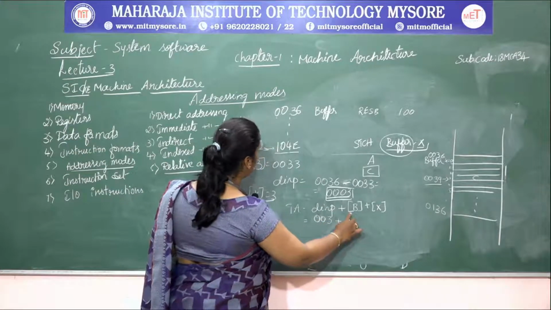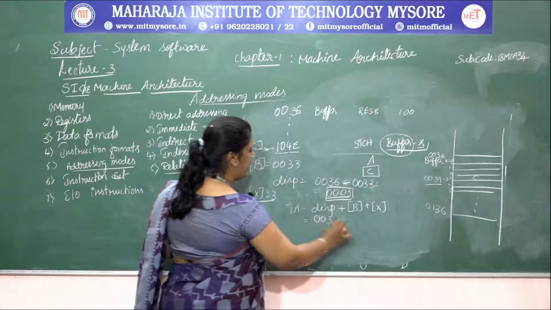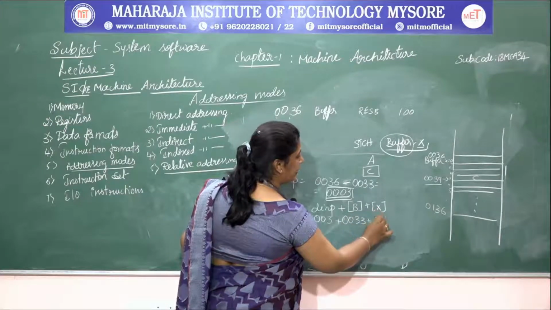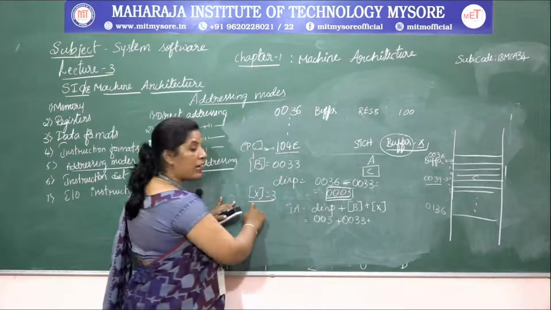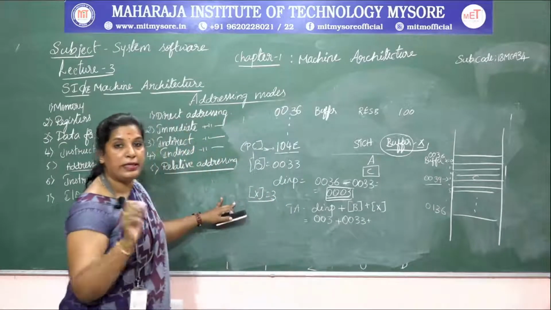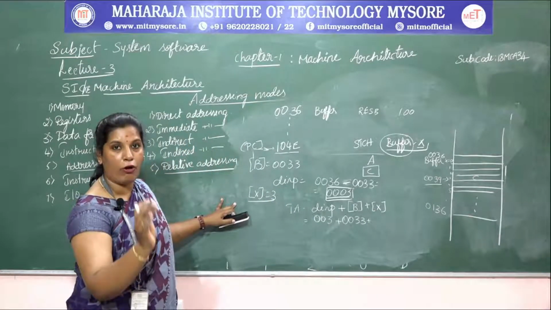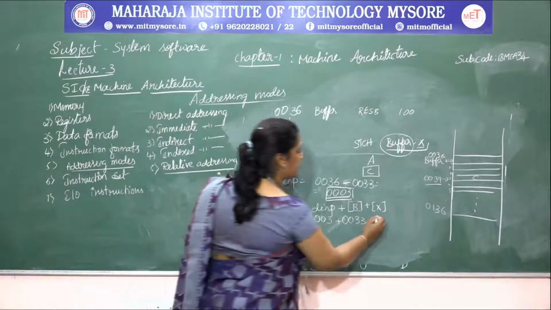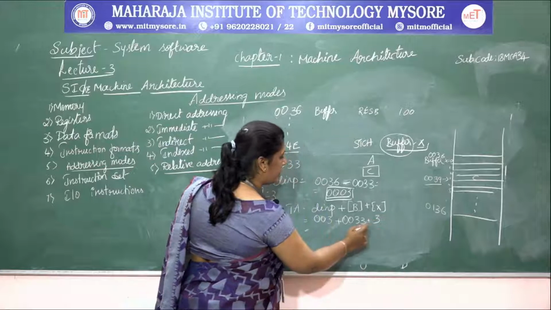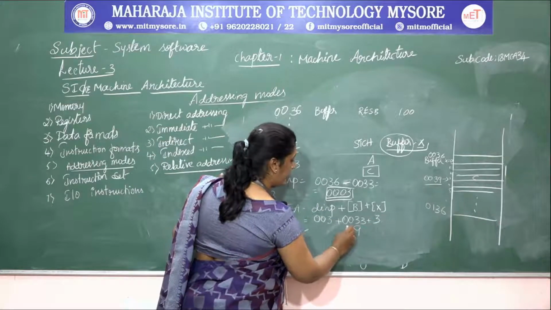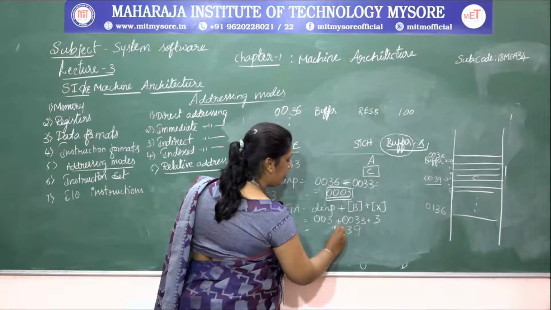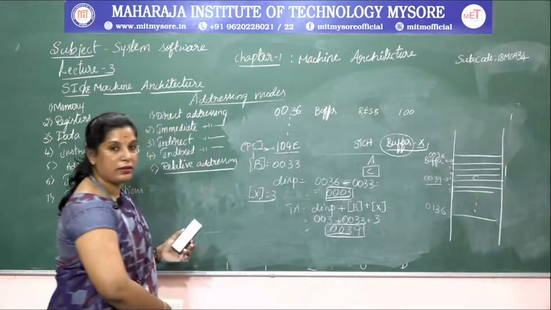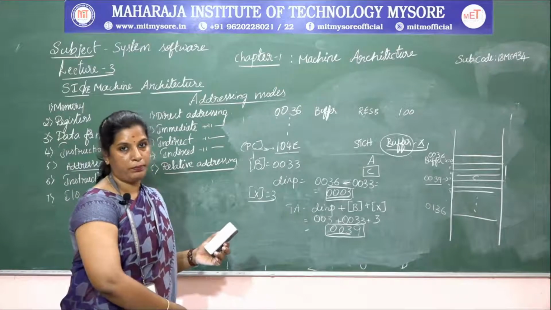What is the content of the base register? 0033. What is the content of the index register? We are assuming at that time the index register value, the position of that array, is 3, so plus 3. So the memory location is 3 plus 3 plus 3, which is 9, next it is 300. To this memory location the character must be stored.